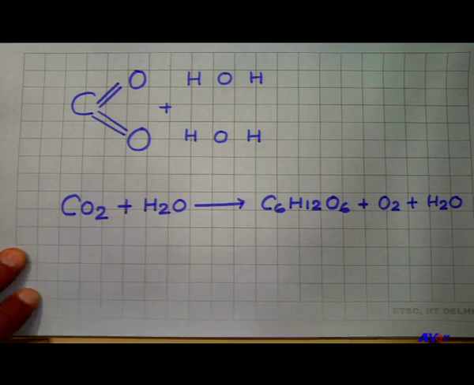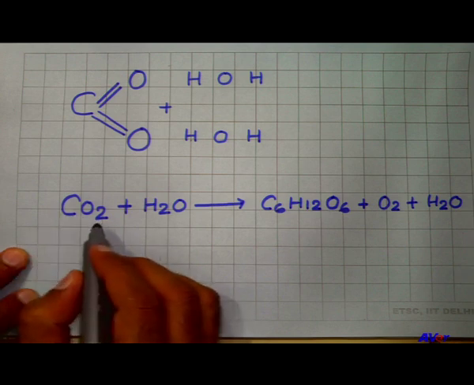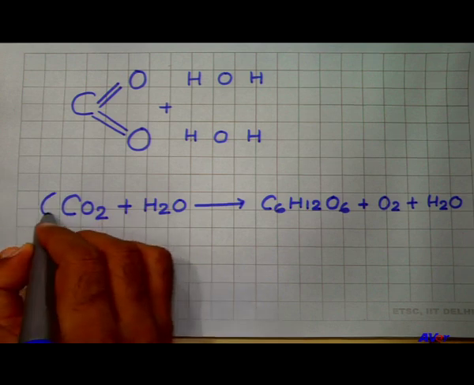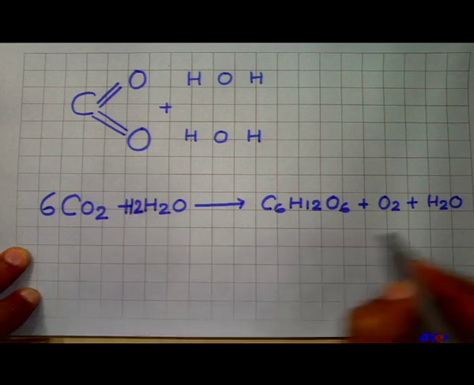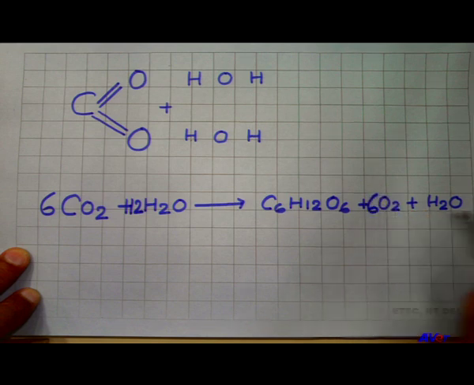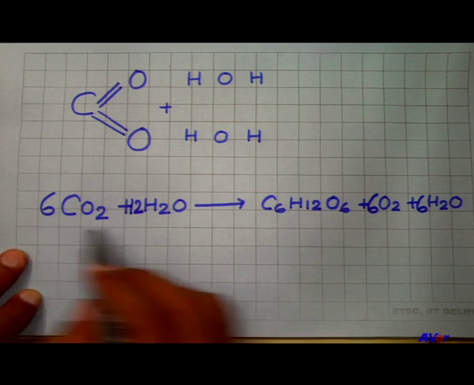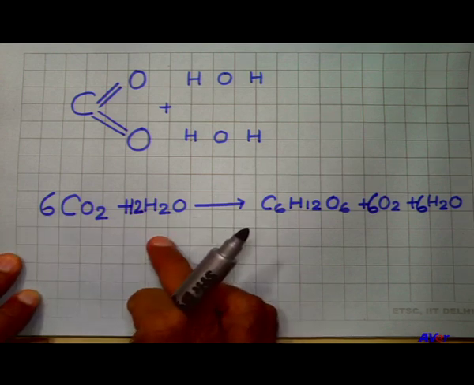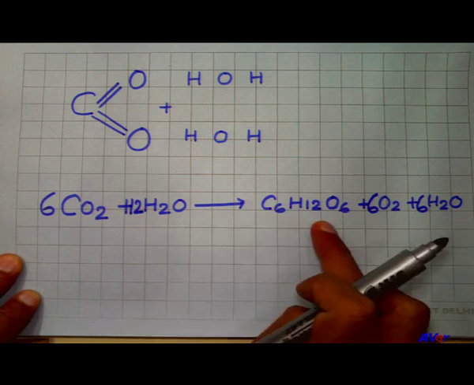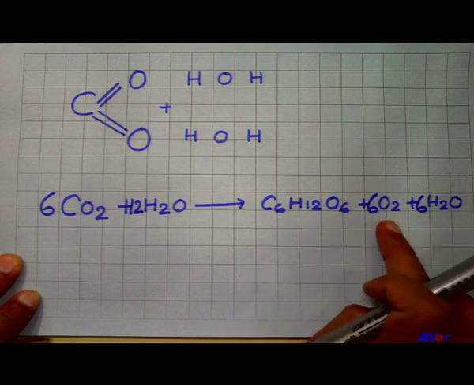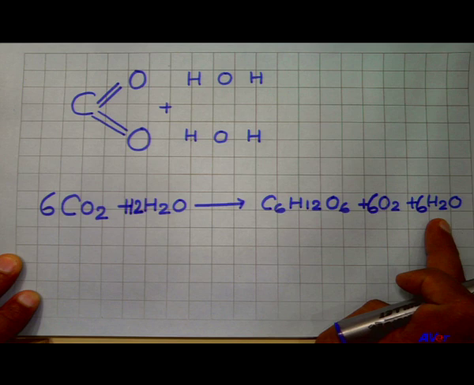Now, when we balance this equation, this is 6 carbon dioxide and 12 H2O, which gives 1 molecule of glucose, 6 oxygen and 6 H2O.